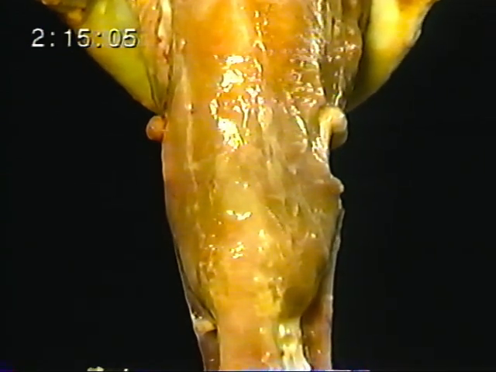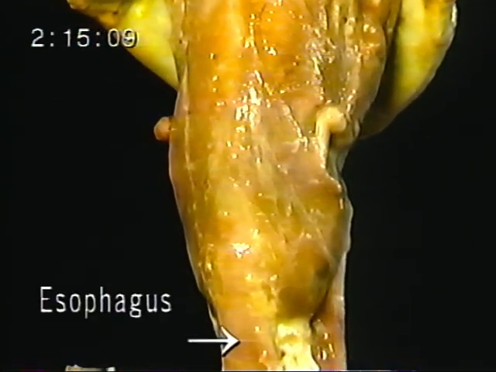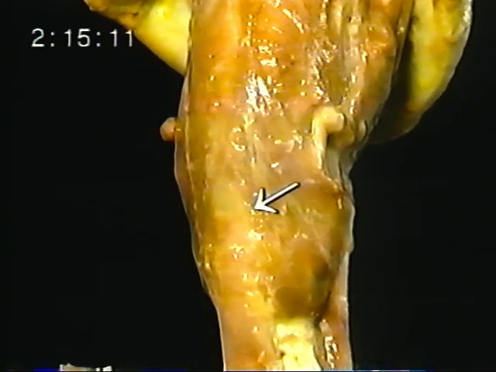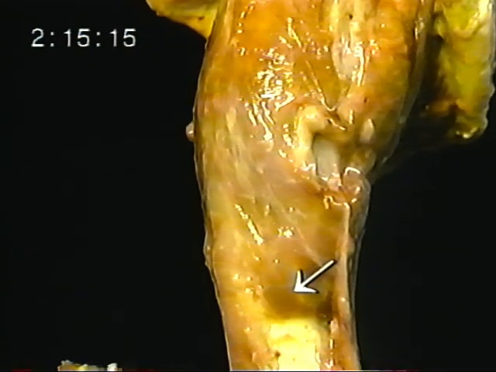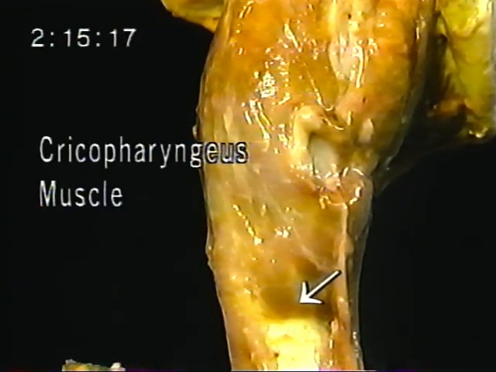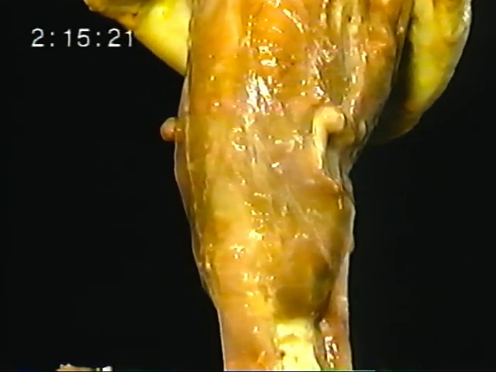The lower end of the inferior constrictor muscle is continuous with the muscular coat of the esophagus. The lowest part of the inferior constrictor, which is functionally separate from the rest of the muscle, is referred to as the cricopharyngeus muscle. It forms a sphincter round the upper end of the esophagus.